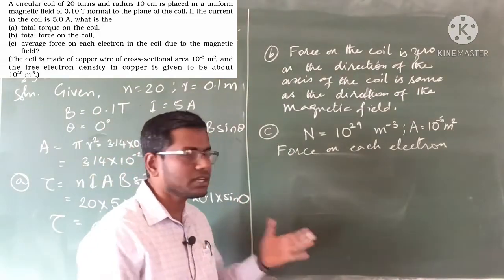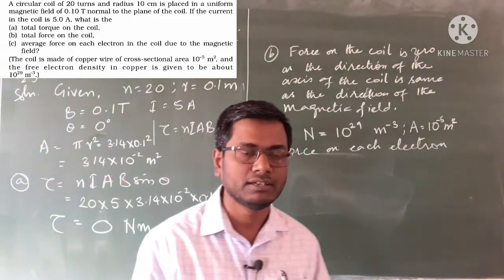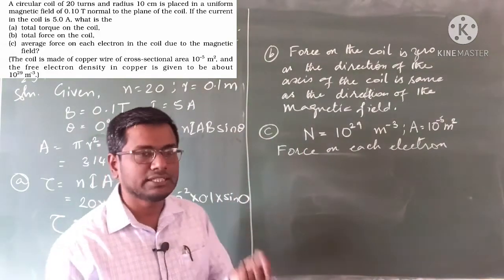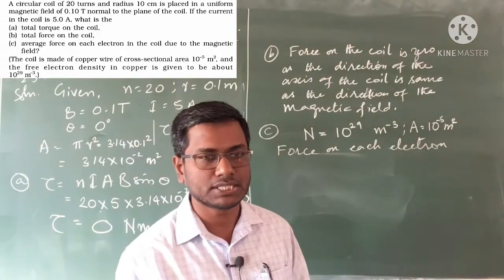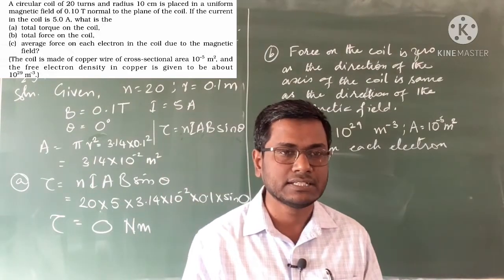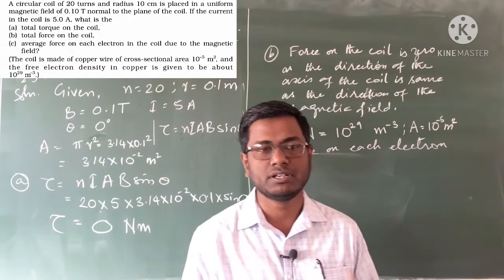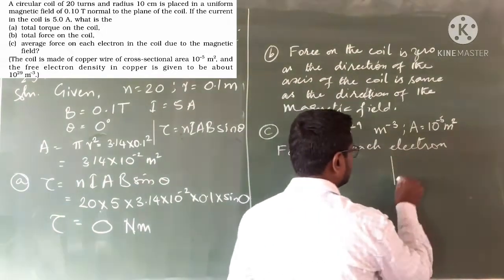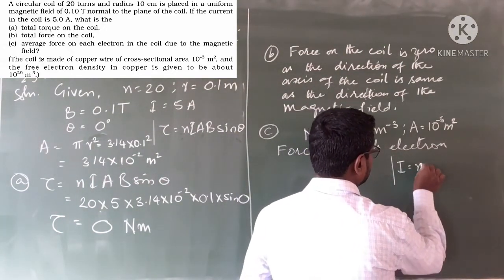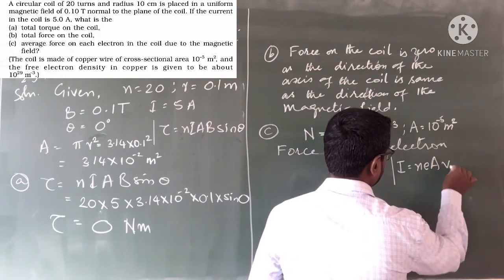So when the electrons are moving inside the coil of that conductor, they are going to be moving with a particular velocity which we had called as the drift velocity, and that drift velocity will be proportional to the current. The equation which we had dealt was I is equal to N e A v_d.